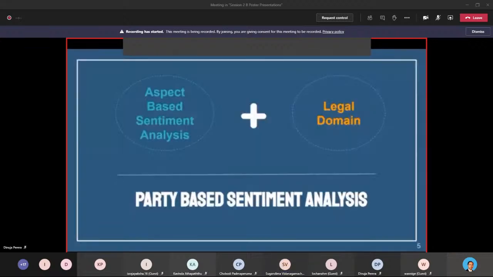Applying aspect-based sentiment analysis to the legal domain, we have come up with the party-based sentiment analysis that can predict the sentiment levels of sentence in a court case with respect to each legal party. To the best of our knowledge, aspect-based sentiment analysis has not been introduced to the legal domain yet.